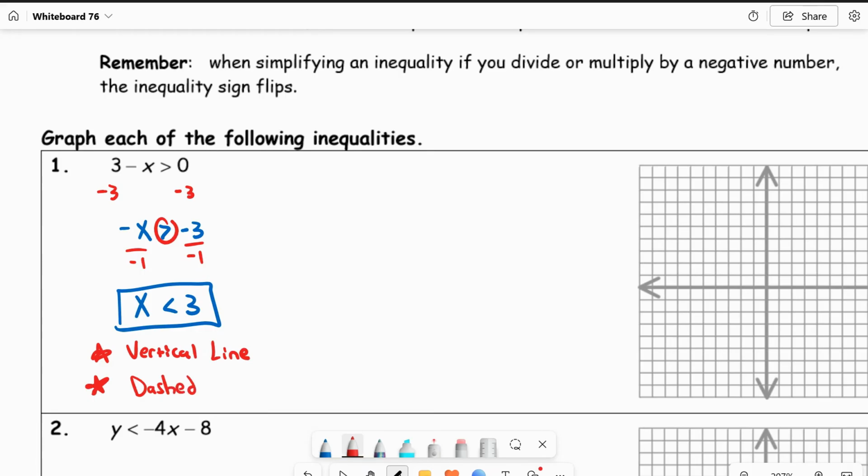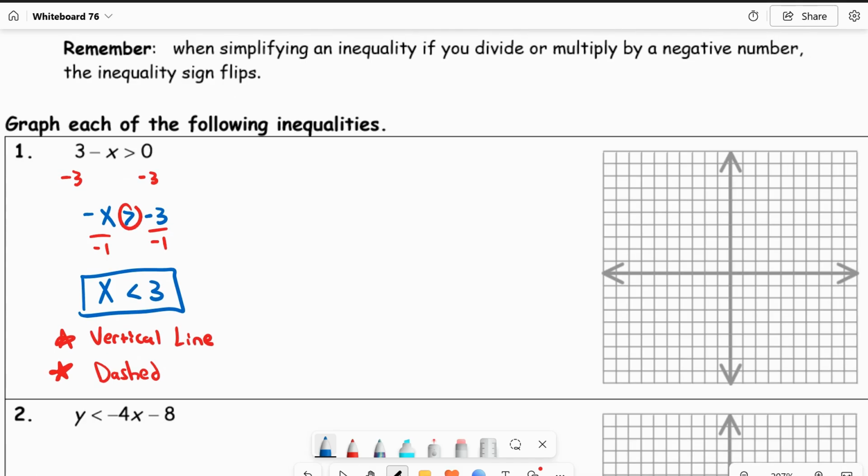So let's go ahead and graph this. If we were to graph x equals 3, we would have a point at 3, and we will have a vertical line from there. As you can tell with my line, I made a dashed line. Wasn't super great. Take my time here. To represent my less than symbol.